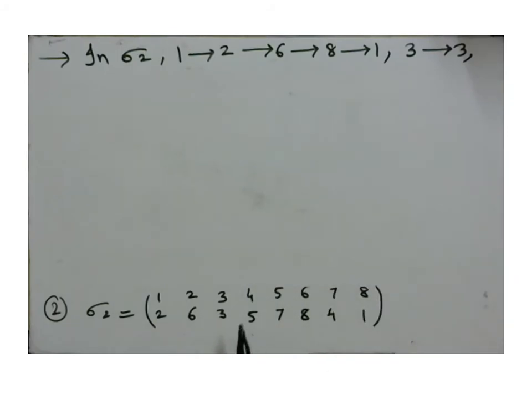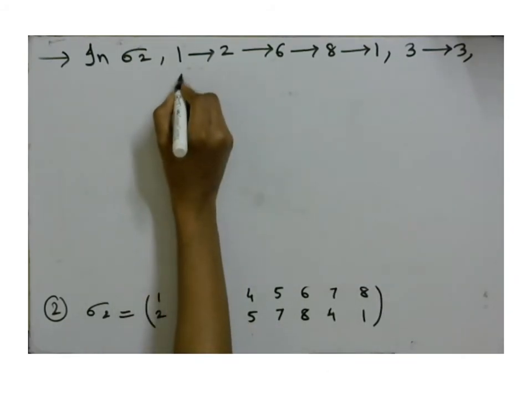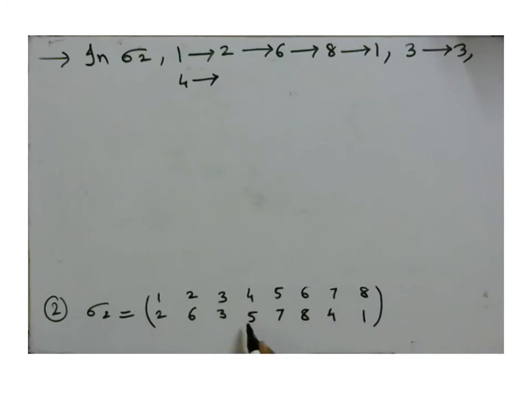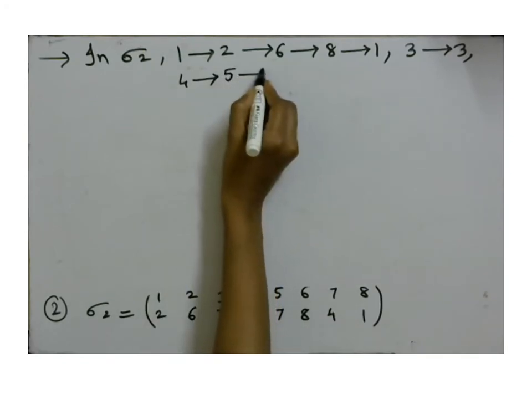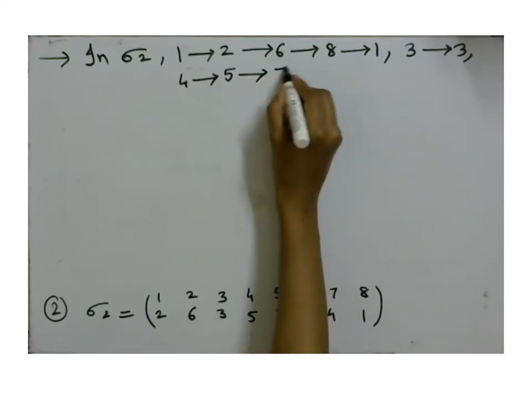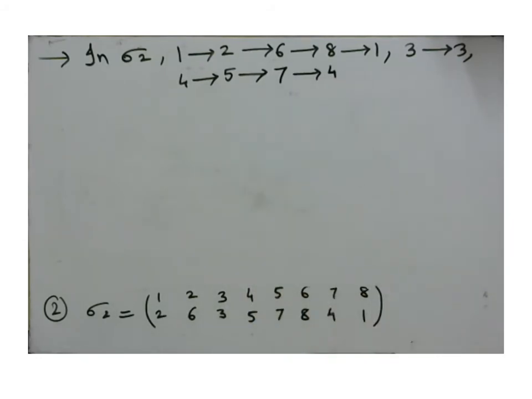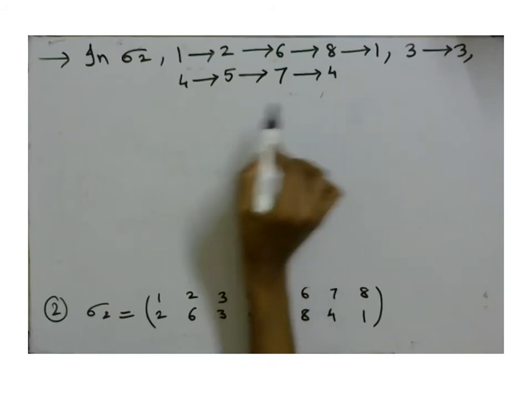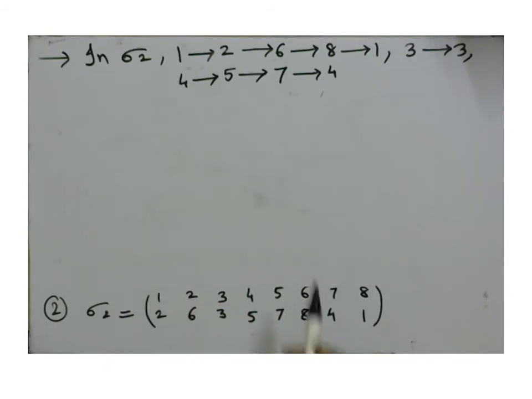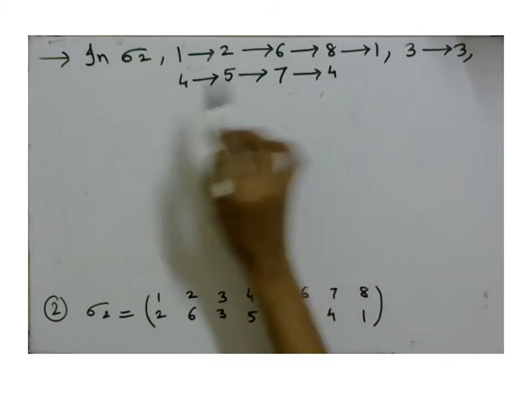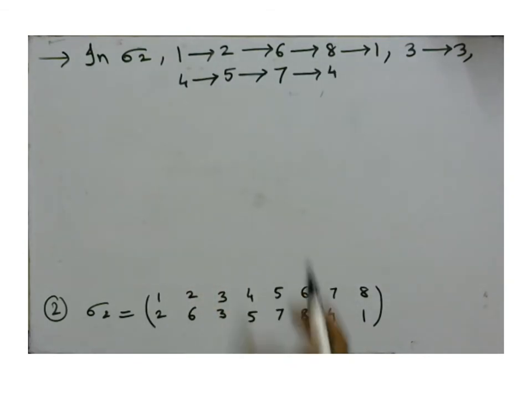Then the next element, 4. 4 maps to 5, 5 maps to 7, and 7 maps to 4 again. So 7 is going back to 4. So we have covered all the elements 1 to 8.